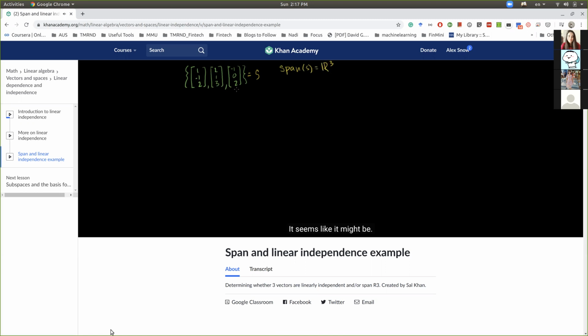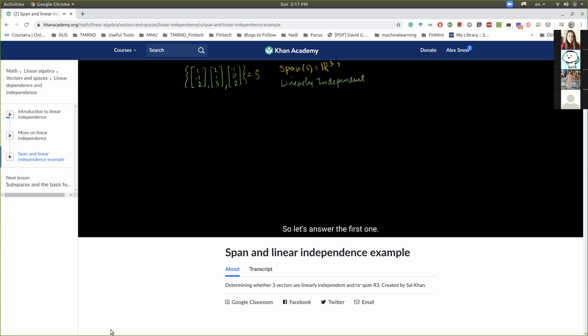It seems like it might be. If each of these add new information, it seems like maybe I could describe any vector in R3 by some combination of these three vectors. And the second question I'm going to ask is, are they linearly independent? And maybe I'll be able to answer them at the same time.